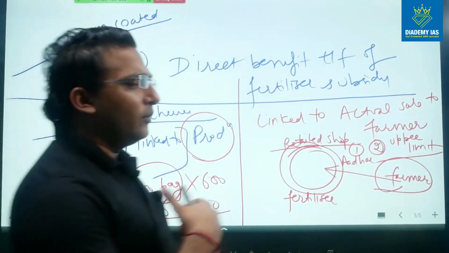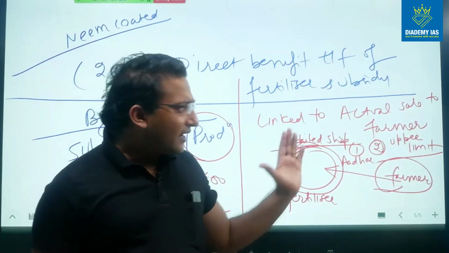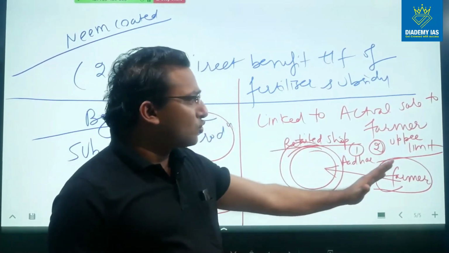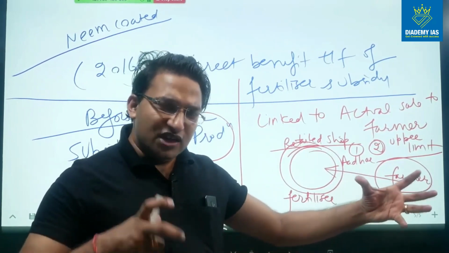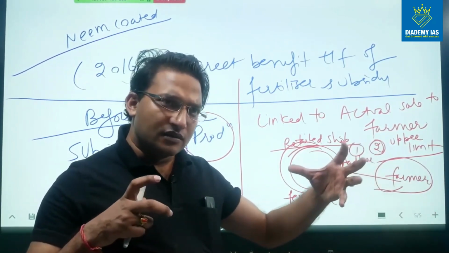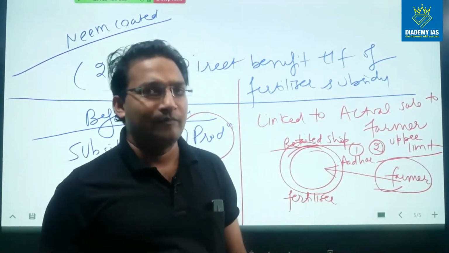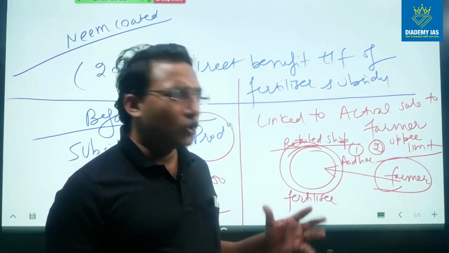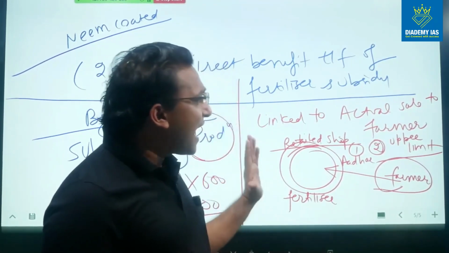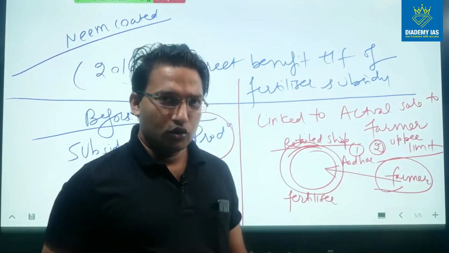The government also tried in some areas to have the sale to the farmer done at a high price, and the difference between the subsidized price and the market price sent directly to the farmer. But it was not successful, so the sale of the fertilizer is happening only at the subsidized price to the farmer.